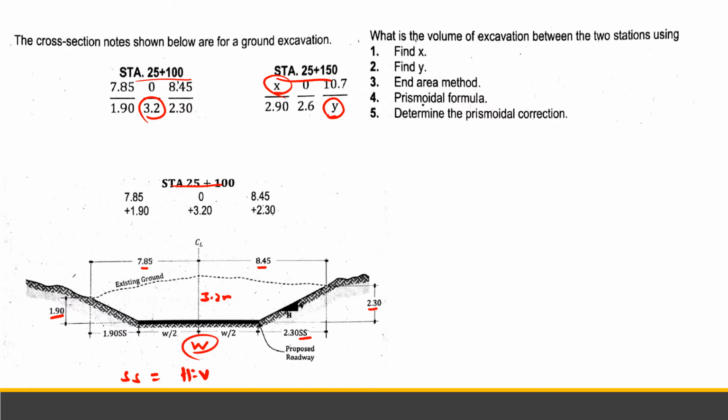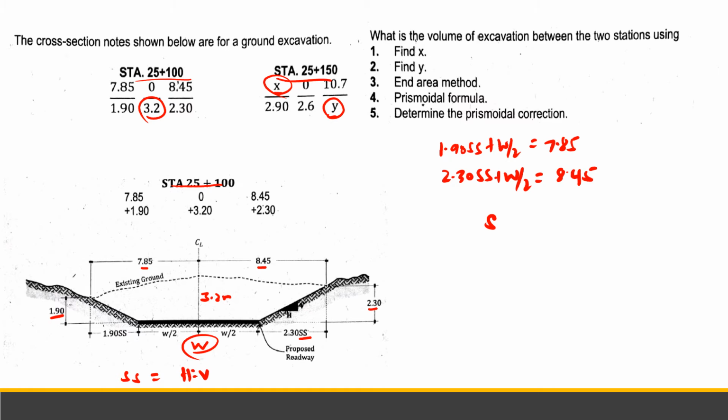Okay, so from the figure, 1.9 SS plus W over 2 is equal to 7.85, that is XL. And on the other side, 2.30 SS plus W over 2 is equal to 8.45. So solving both equations simultaneously, two equations, two unknowns, simply enter the values on your calculators.